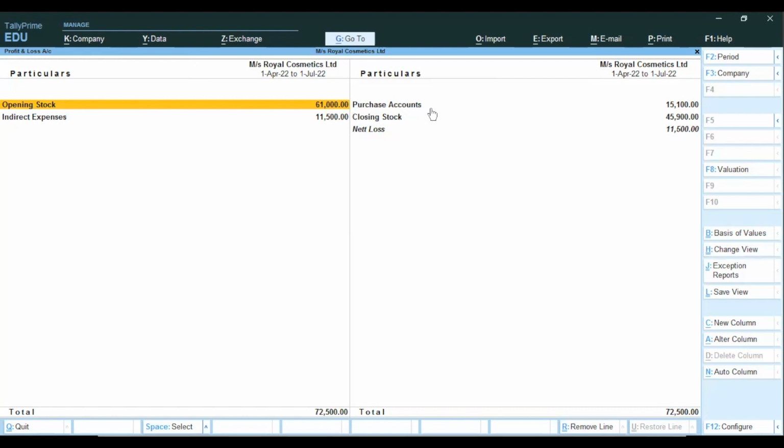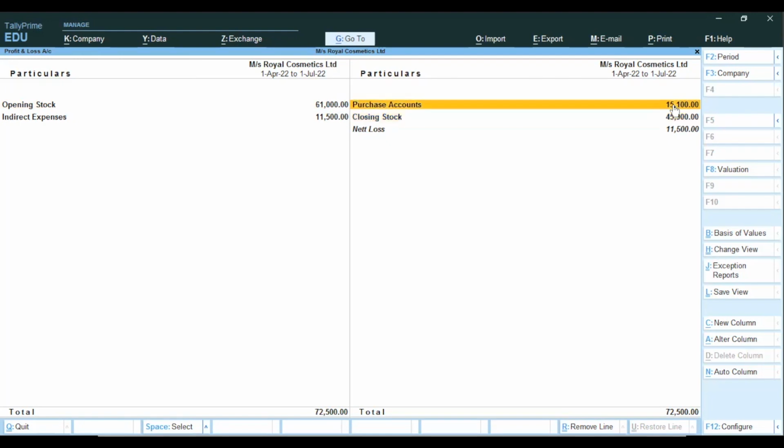So the stock amounting to rupees 61,000 gets reduced to 45,900. We have this closing stock of 45,900. The difference amount is adjusted through purchase ledger.